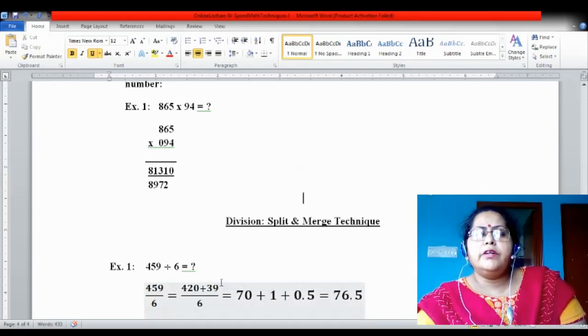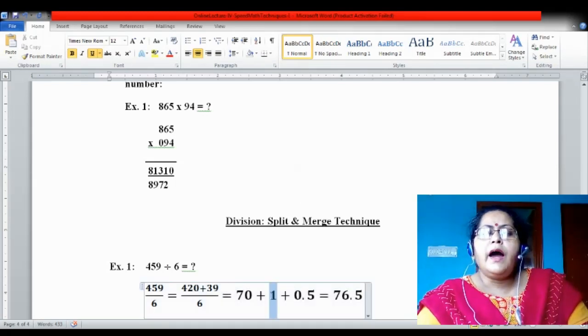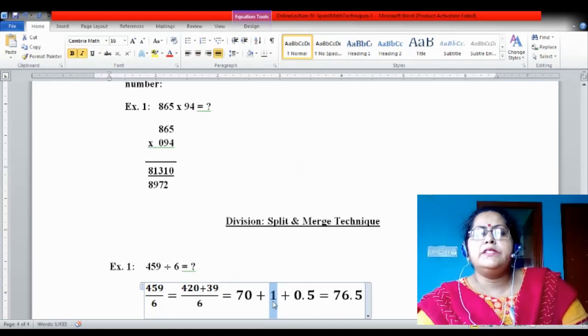Now what about 39? We again need to split this 39. A multiple of 6 close to 39 will be 36, so it's 36 plus 3. Now 36 by 6, you will get a 6. And now what is left?